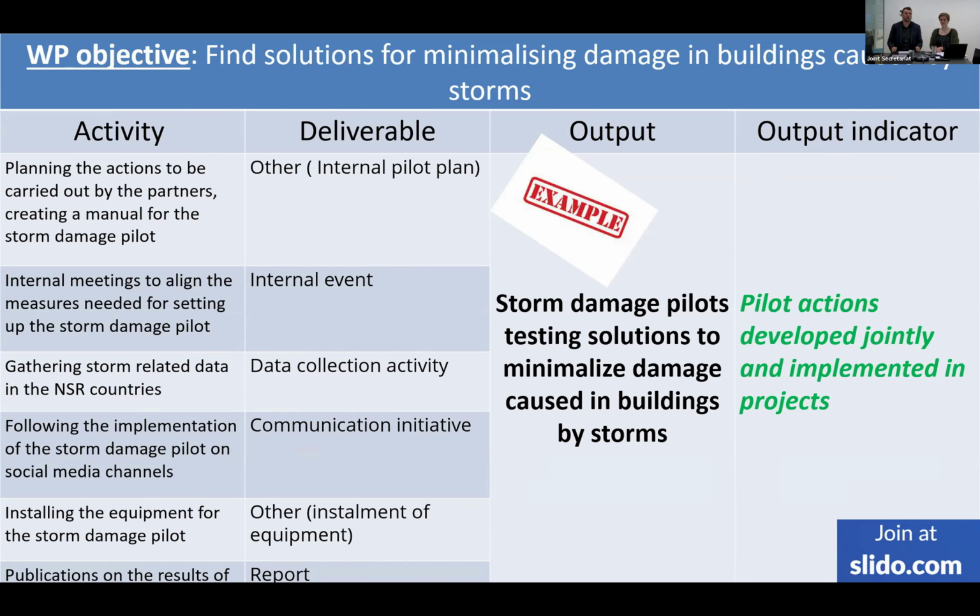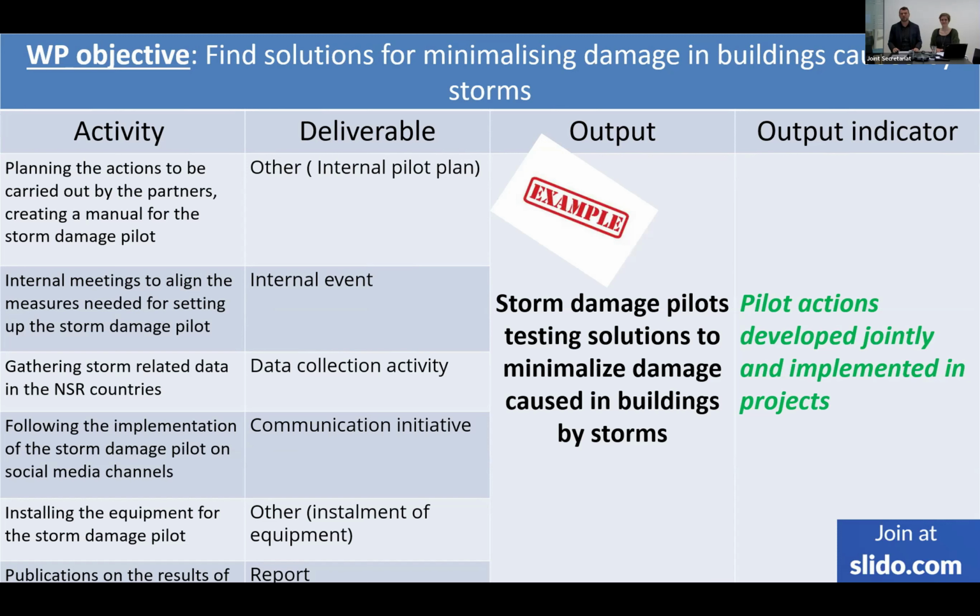Let's say you will have 5 of it. Gathering storm-related data as a starting point seems logical. You have the deliverable next to it as a data collection activity. Following the implementation of the storm damage pilot on social media channels. This is corresponding, I haven't highlighted it, to the communication objective of this work package.